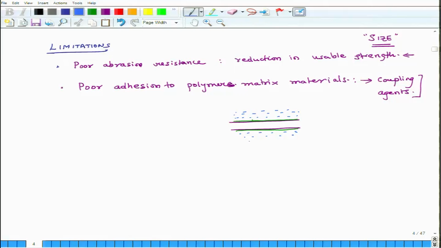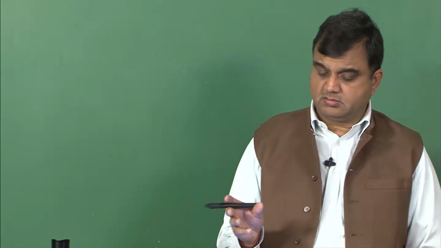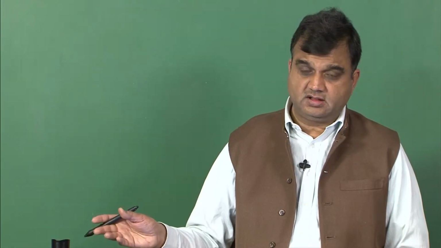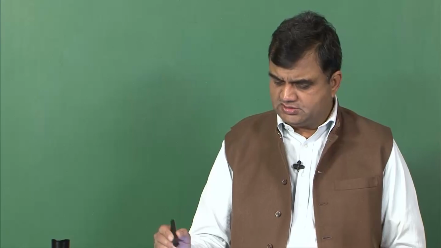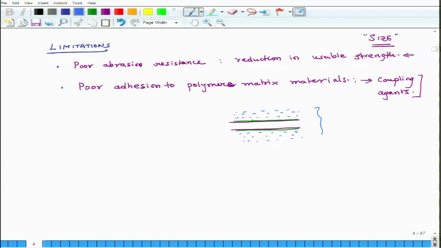The chemistry of these coupling agents is such that on one end it sticks very tightly to the glass, and on the other end of the molecule it does a very good job of sticking to the polymer, because it has one end which is hydrophilic and another end which is hydrophobic. So, these coupling agents help develop good bonds between the polymer matrix and the fiber.